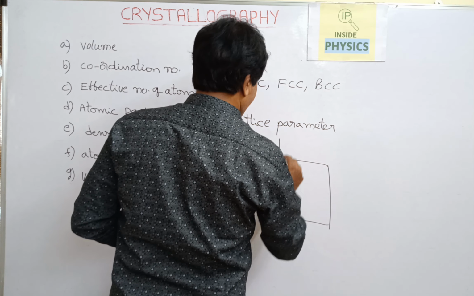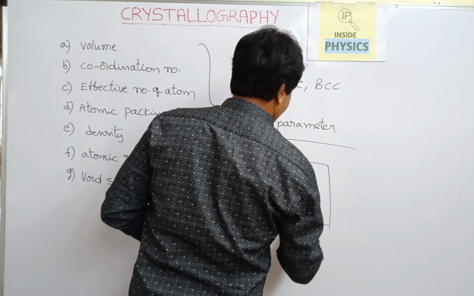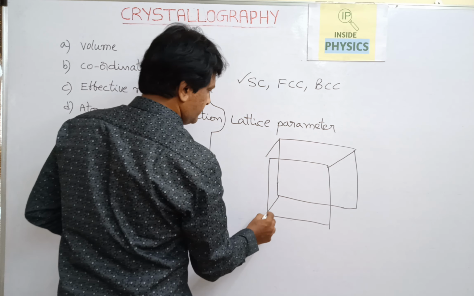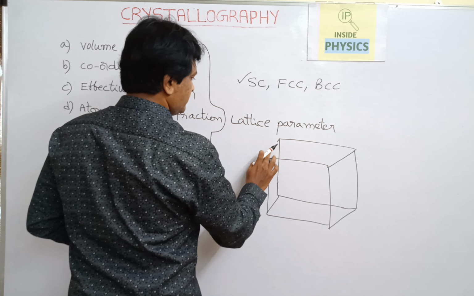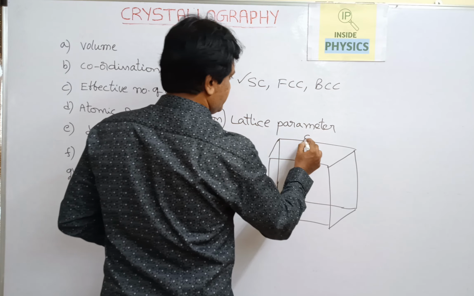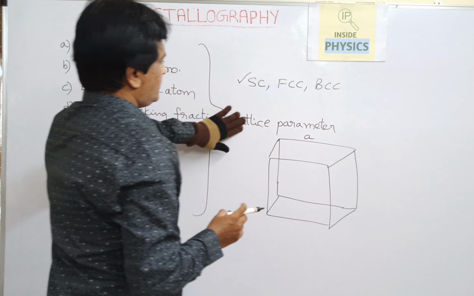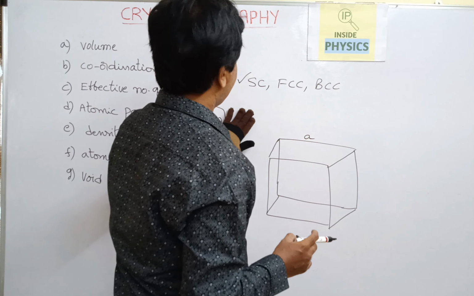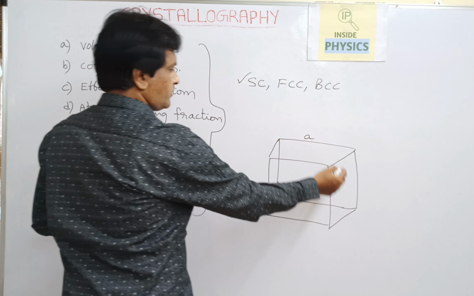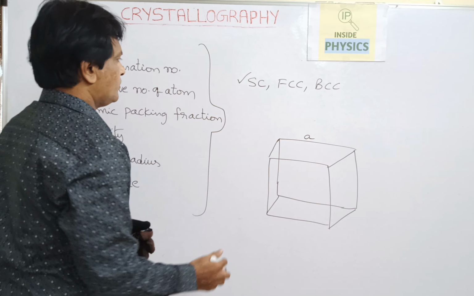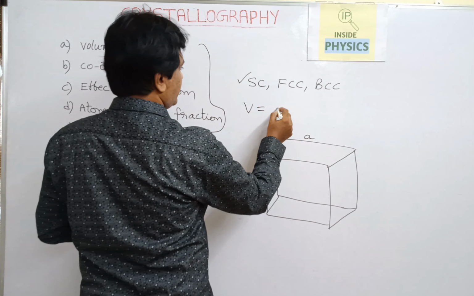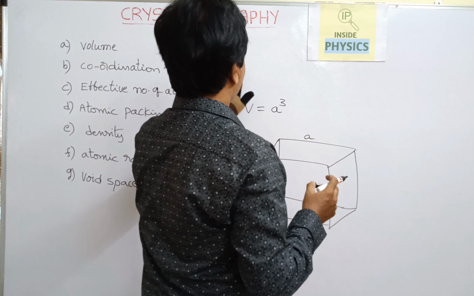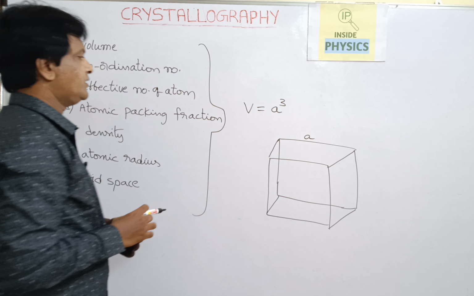I will take a cube of side A. The side A is actually the length of the edge of this cube and all sides are of equal length. So the volume of the cube obviously will be A cube. We all know this formula by the geometrical arrangement of this cube.